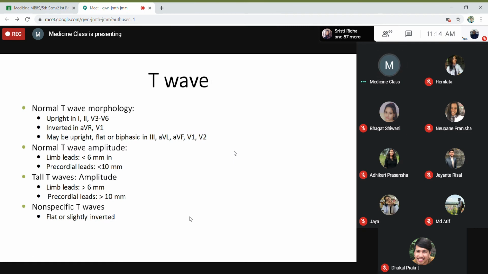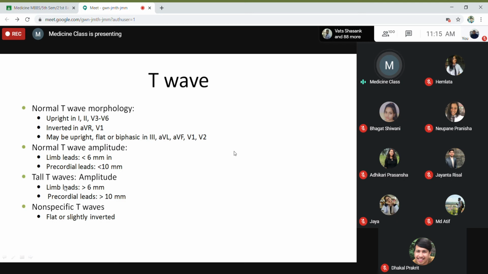Okay. The T wave comes after the ST segment, and is usually upright in most of the leads, but inverted in aVR most of the time and sometimes in V1. Normal T wave amplitude in limb leads is less than 6, and in precordial leads less than 10 millimeters.